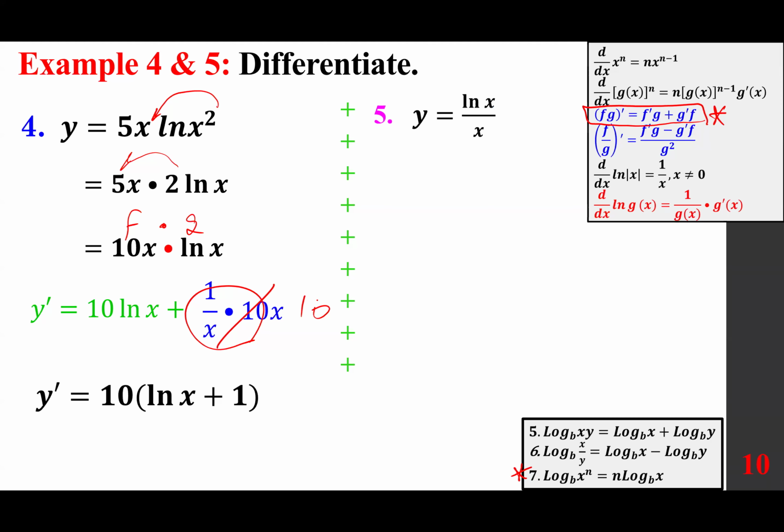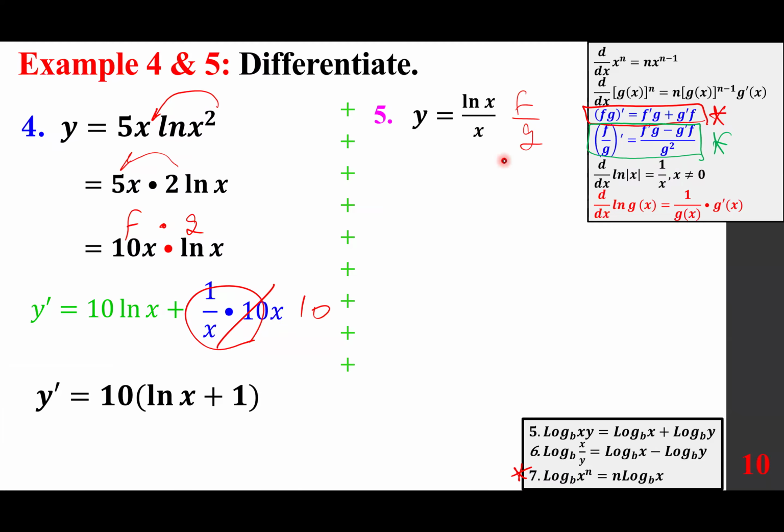y equals ln x over x, we are going to call it f over g and use the quotient rule on that.